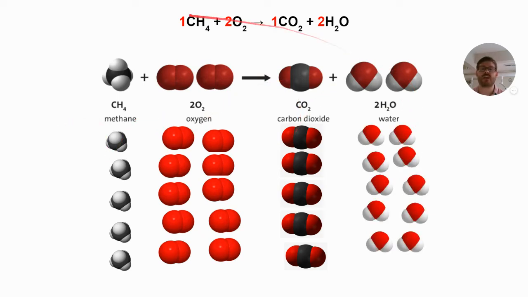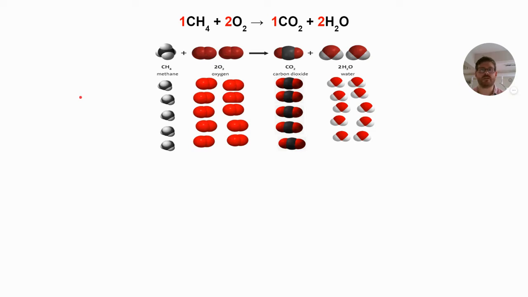This follows the same 1-to-2 to 1-to-2 ratio as our original reaction does. We can expand this and say that if we have 1 molecule, 2 molecules, 1 molecule, 2 molecules, this could also mean 1 mole to 2 moles to 1 mole to 2 moles. It follows the same ratio.